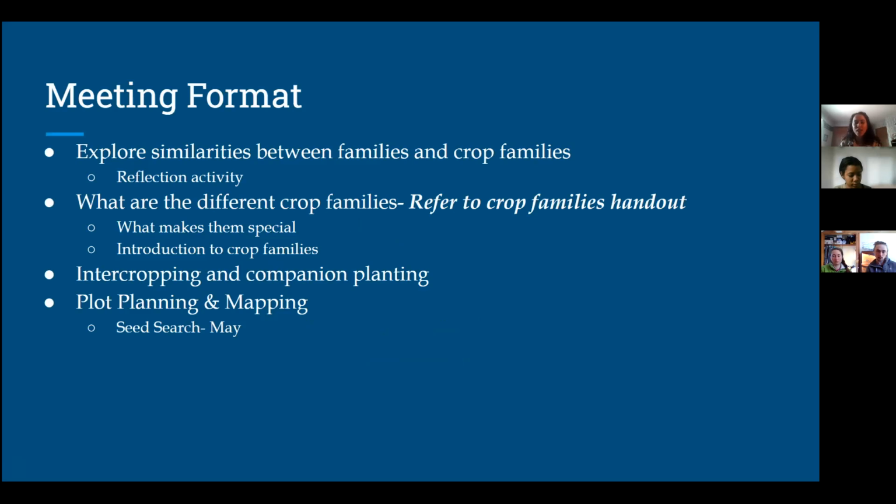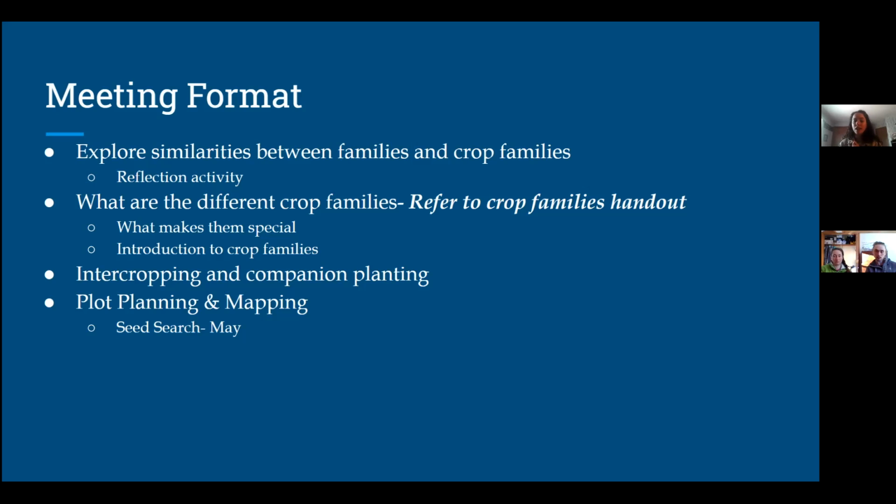Then we're going to move into really getting to know the different crop families, and you will be getting in your binder a crop families handout that you can refer to throughout the season. It will be very helpful for you to familiarize yourselves with these different plant families. We're going to talk a little bit about what makes them special and introduce them, and then we're going to move into different types of planting, like intercropping and companion planting.